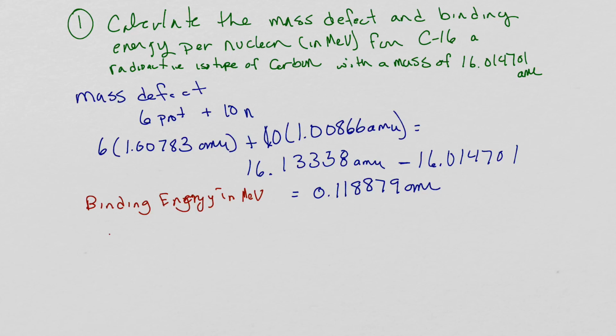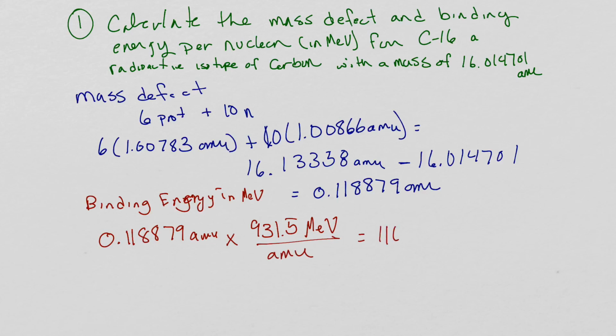The way we do that is we simply convert our AMU into electron volts, and we get 110.74 mega electron volts.